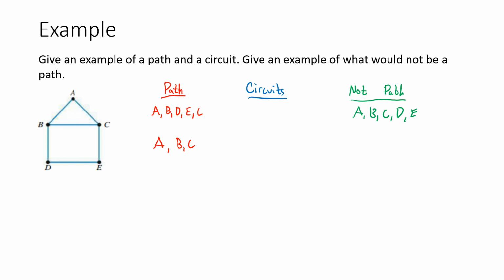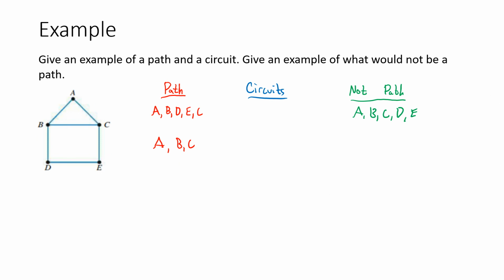We were going to do that anyways, right? Yeah, A, B, C, D, E is not a path. And why is this not a path? You cannot directly go from C to D. This is the one condition. There has to be an edge between any adjacent vertices for you to make that move. Okay? You can't just drive through cornfields. You could, I guess, but you're not supposed to.